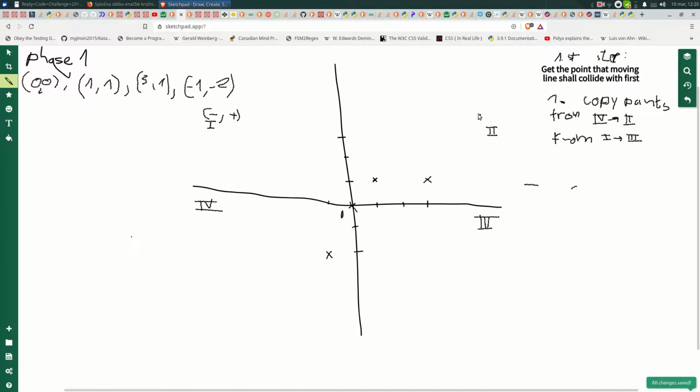The second quadrant can be expressed as plus plus. The third quadrant can be expressed as plus minus, and the fourth quadrant can be just expressed as minus minus, because the x axis is minus and the y axis is also minus over here.